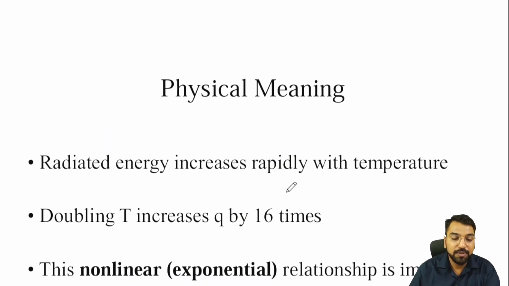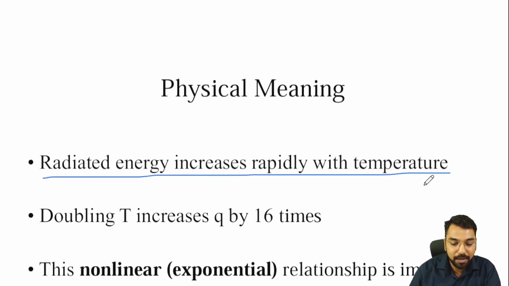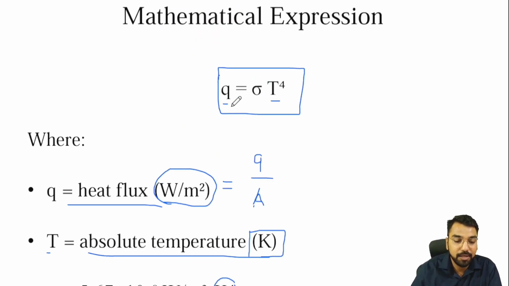So what is the physical meaning of this law? The radiated energy increases rapidly with temperature. What is the significance of this statement? Radiated energy increases rapidly with temperature. Just before, we have seen this expression.